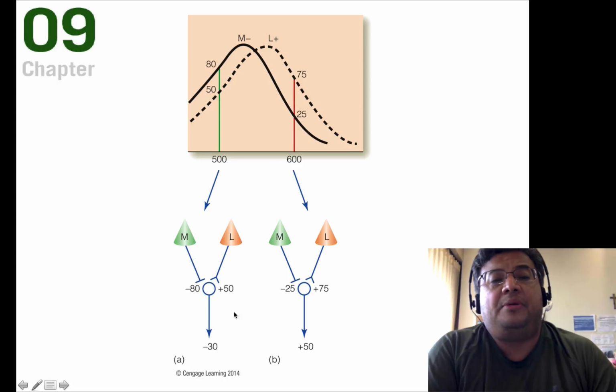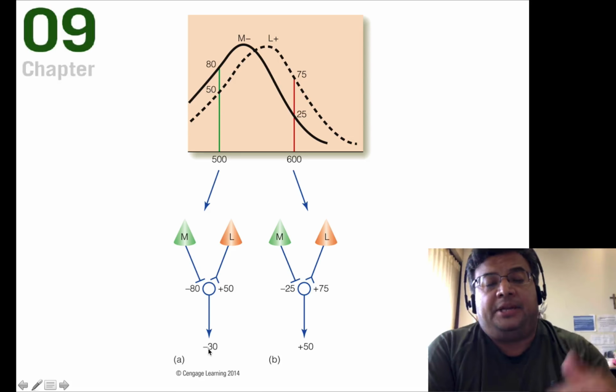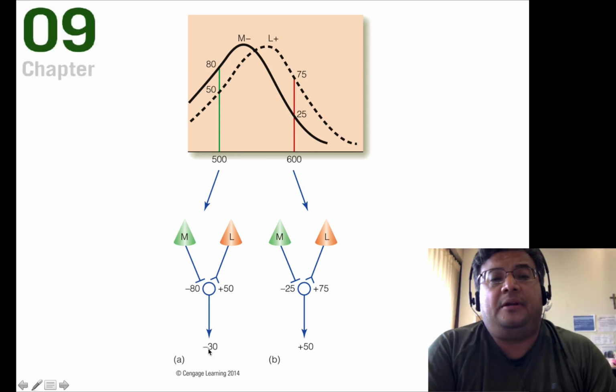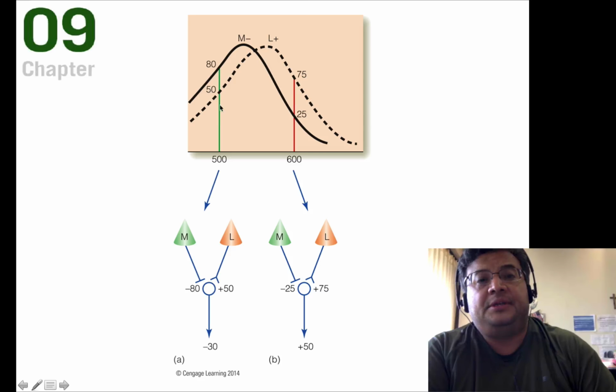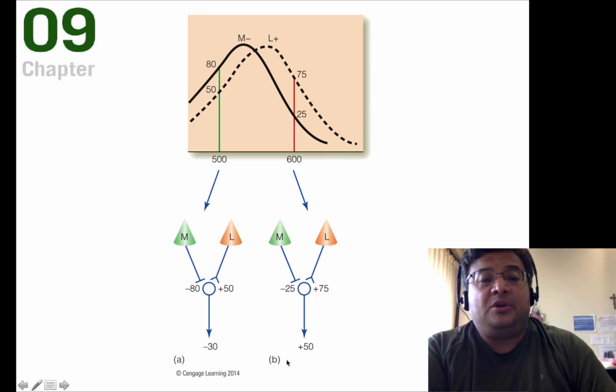And when you sum those outputs together, you get an output of minus 30. So what's happening here is that this circuit is working together to reduce the firing whenever it perceives green.